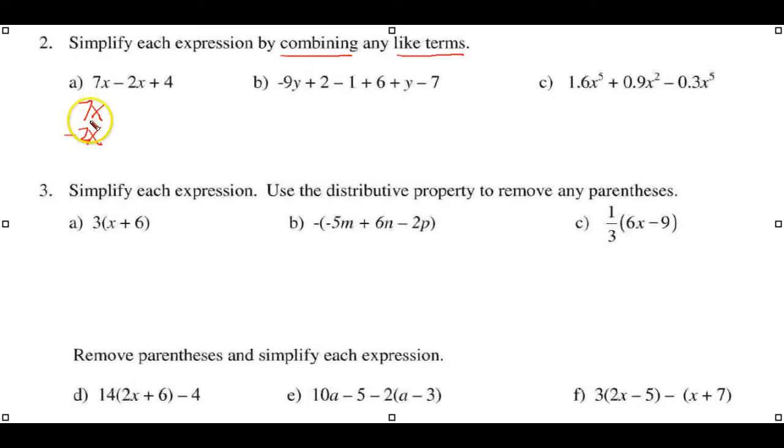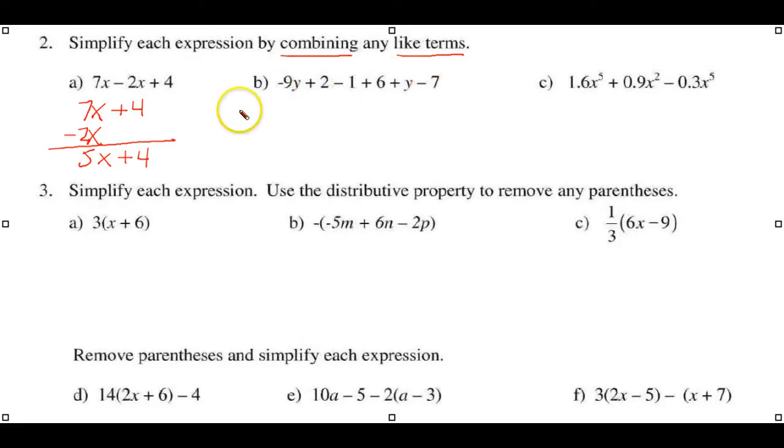This would be like a like term column, and then a plus 4. So this is going to be 5x plus 4. Now you might say, why am I lining them up? And the reason is it helps organize your like terms. Again, you could do it horizontally or mentally once you identify them.